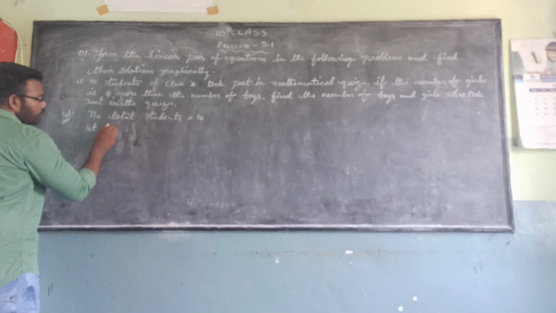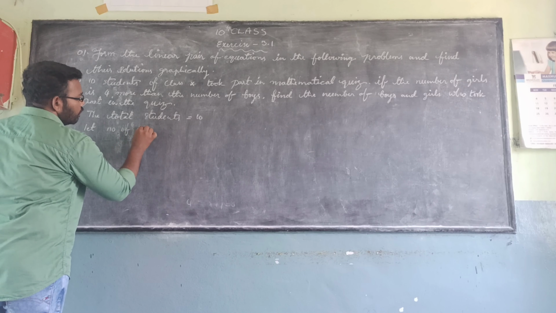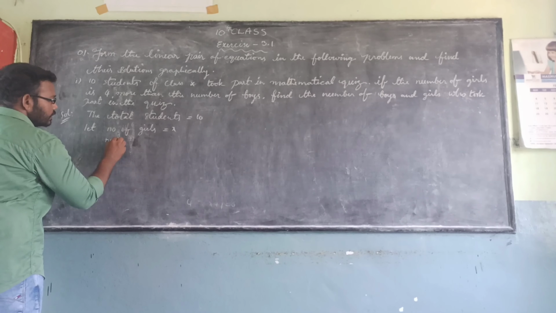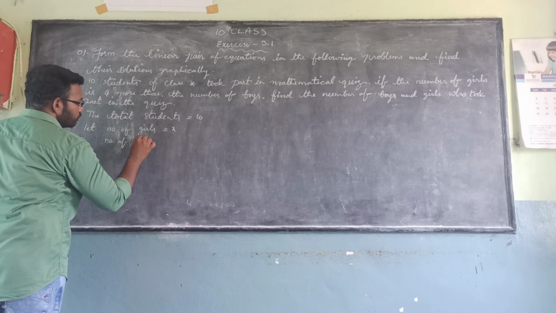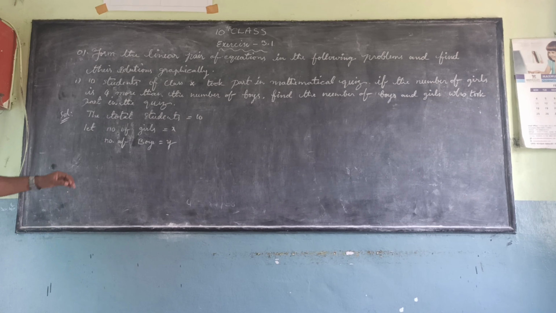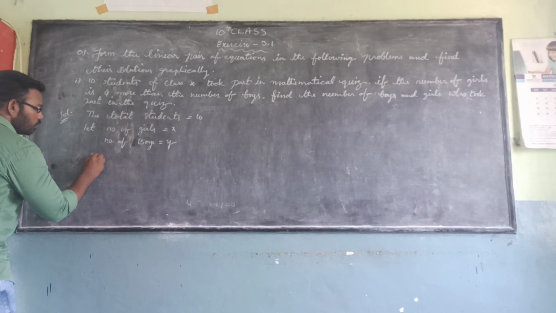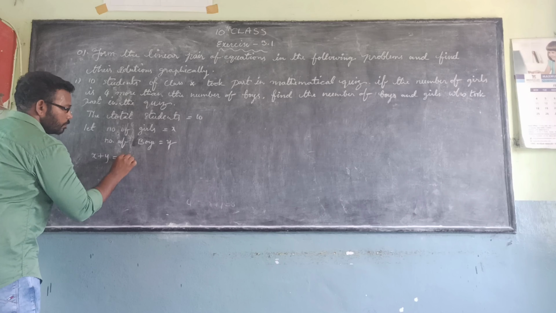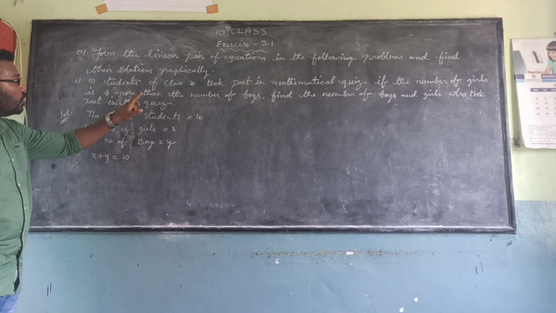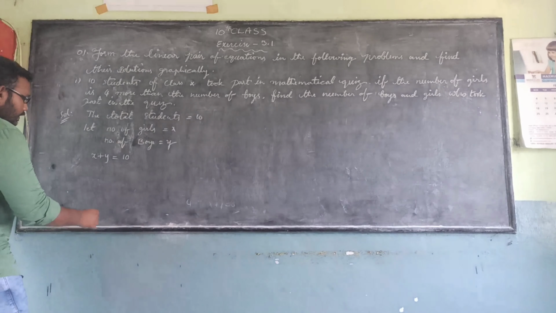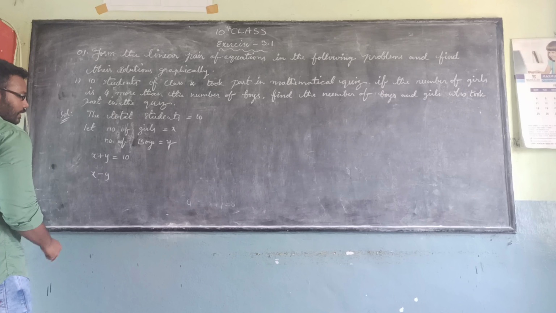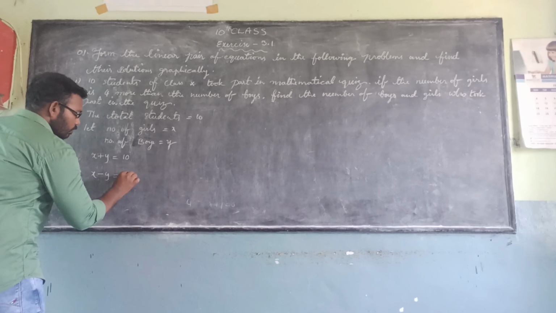Let the number of girls be X and the number of boys be Y. From the question, we can write the total students X plus Y is equal to 10, and also given that the number of girls is 4 more than the number of boys. That means if we subtract boys from girls, X minus Y, we get 4.